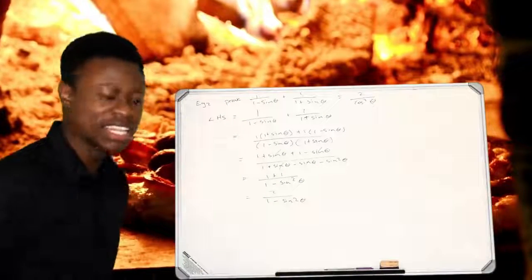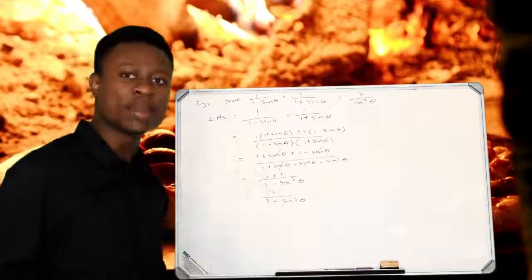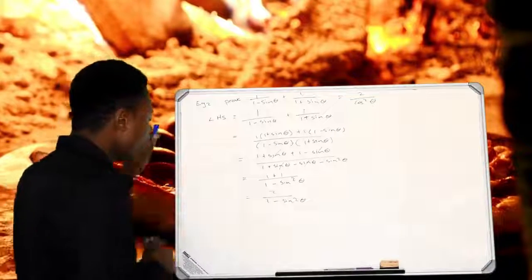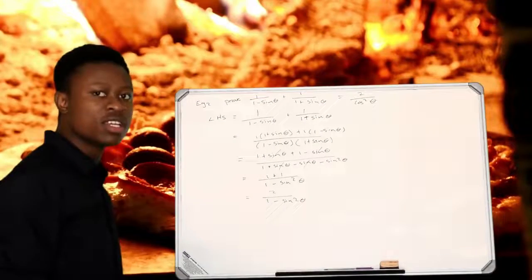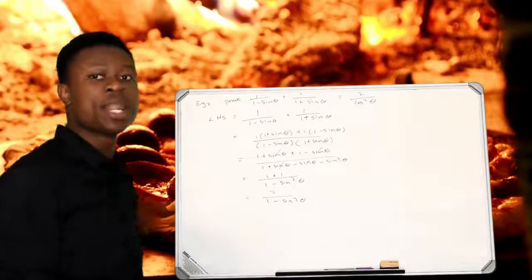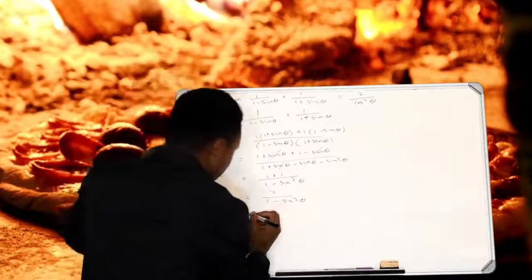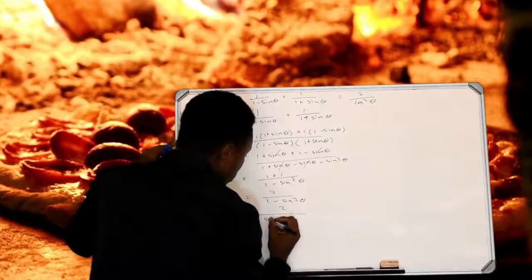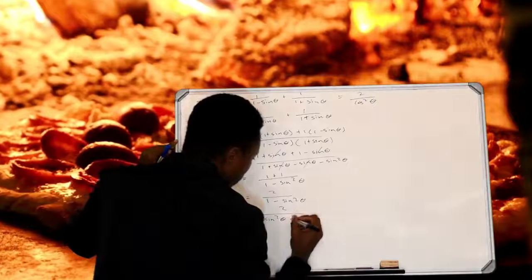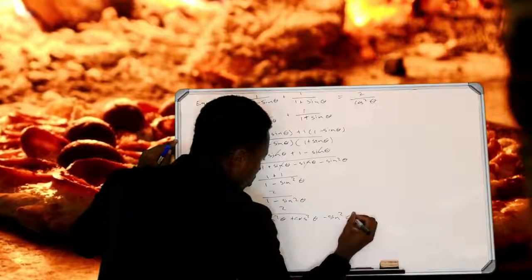But wait, if you look at your trig identities that we looked at at the beginning of trig, you realize that 1 can be converted into a trig identity. That trig identity is sine squared theta plus cos squared theta, right? So if I do that, I have 2 over sine squared theta plus cos squared theta minus sine squared theta.